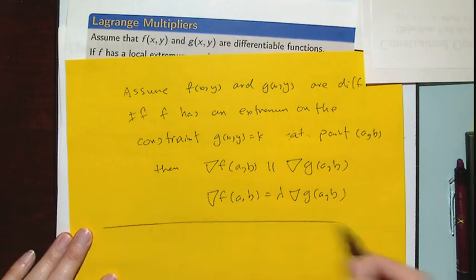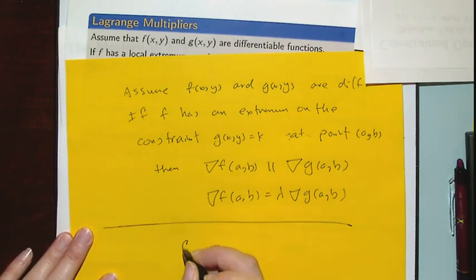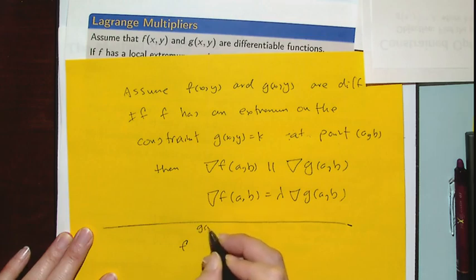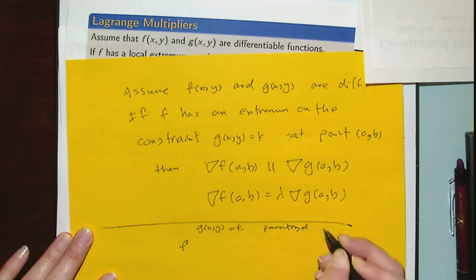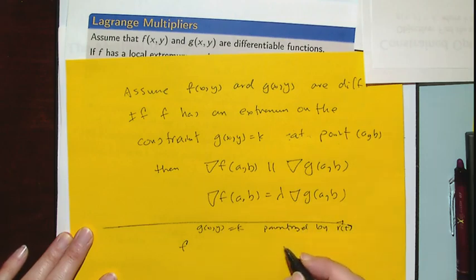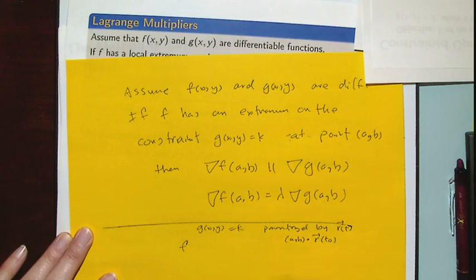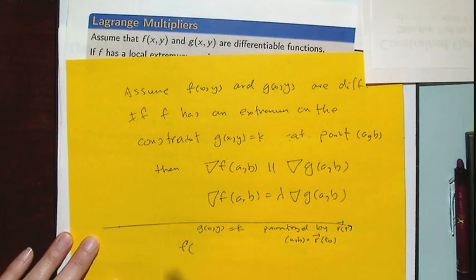Yes, you can prove this, and it requires a chain rule right there. You can take a look, because g of x and y can be parameterized by r of t. And then you say that A and B is equal to r at some t0. Then you parameterize f at r of t.